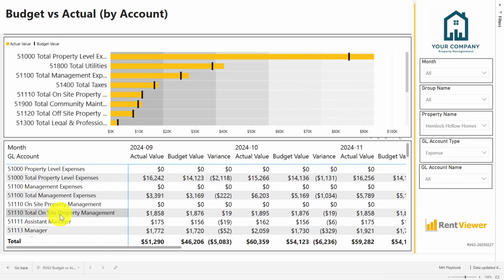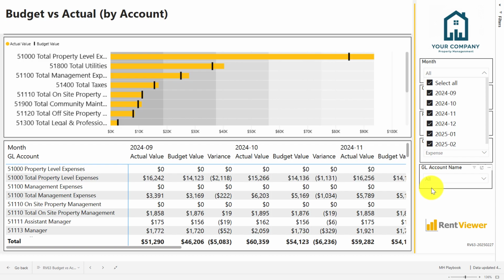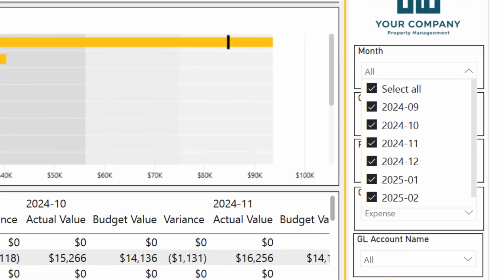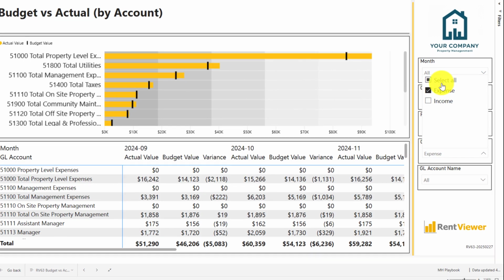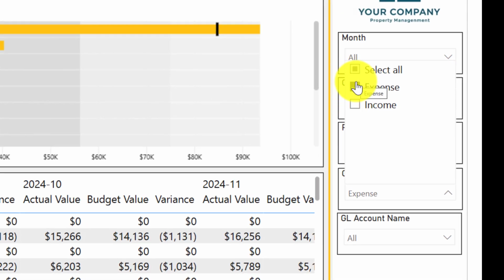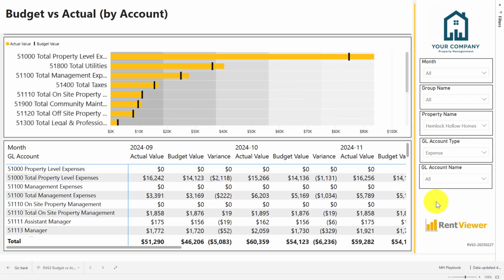This visualization enables me to look at the actual versus budget over a selected date range. So this is the cumulative amount that I am either above or below budget. And I can choose to look at expense, or let's look at only the expenses for now.